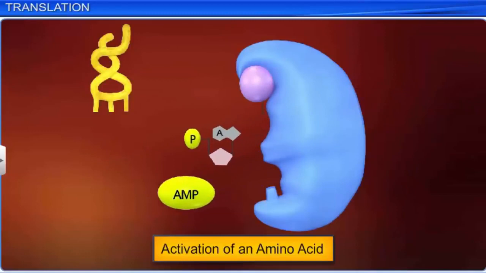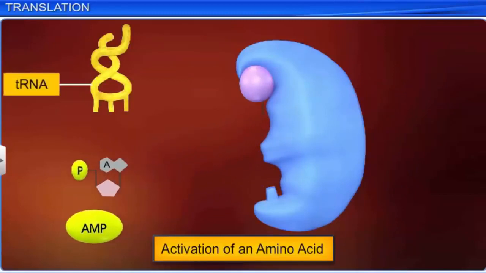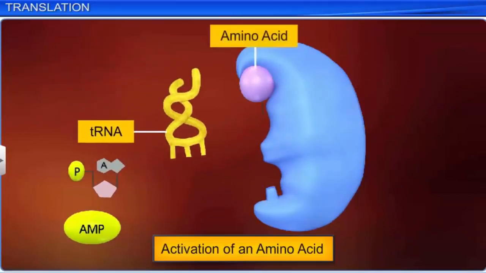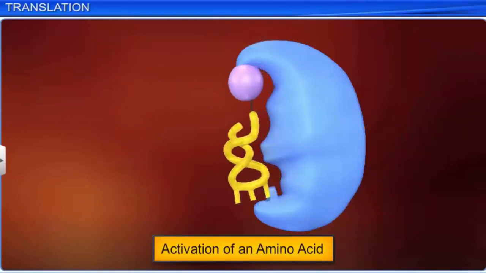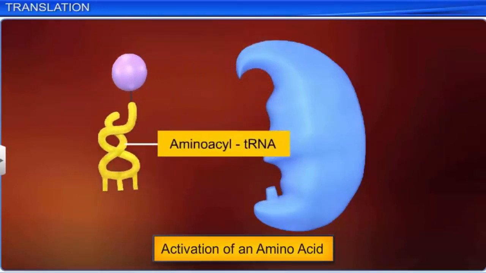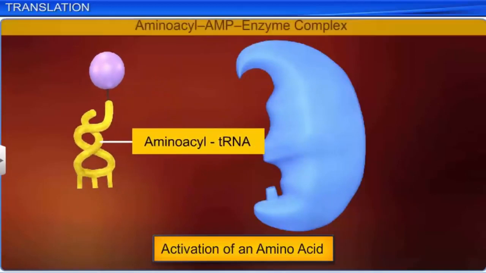This complex reacts with tRNA and transfers the amino acid to it. As a result, tRNA becomes activated as aminoacyl tRNA and the enzyme and AMP are liberated.